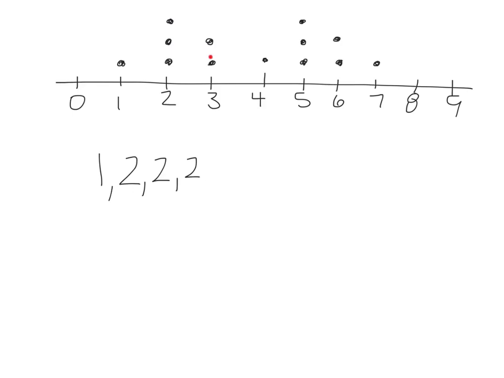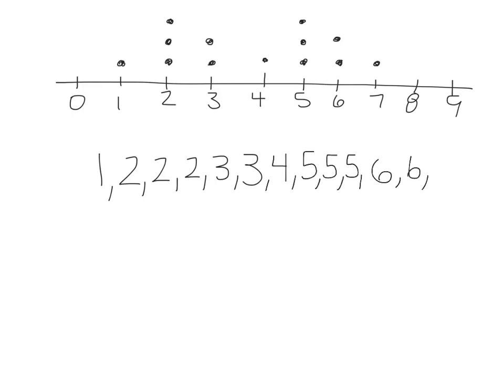There are 2 dots above the 3, which represents 2 3s. 1 dot above the 4 represents a 4. 3 dots above the 5, 3 5s. 2 dots above the 6, 2 6s. 1 dot above the 7, one 7.